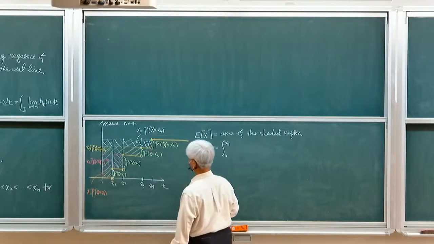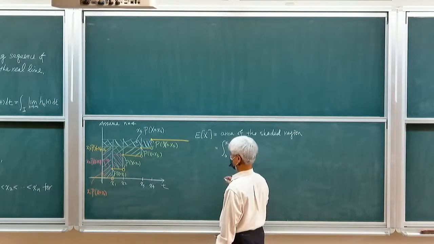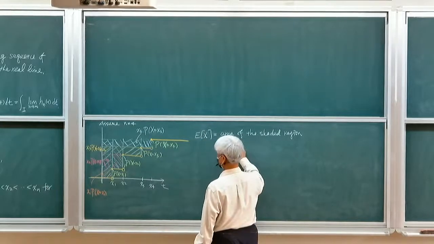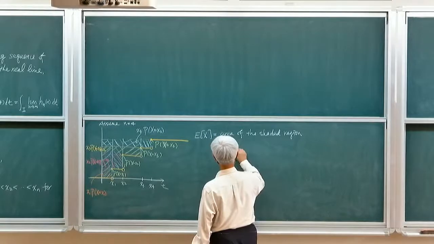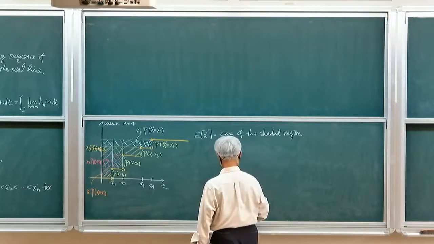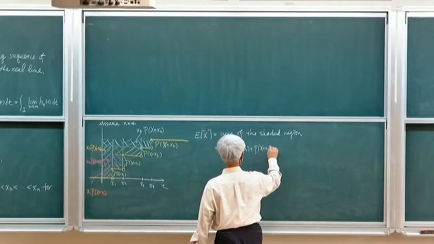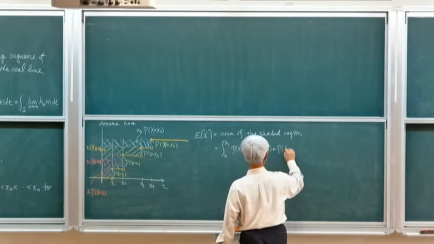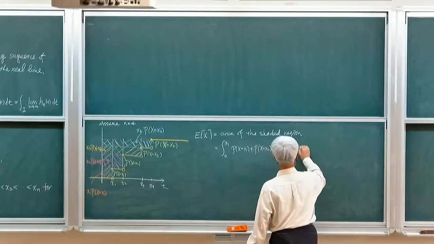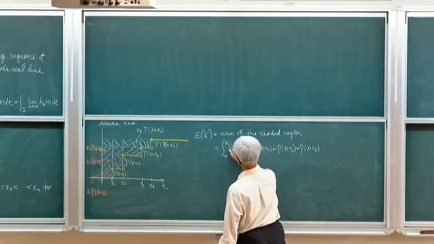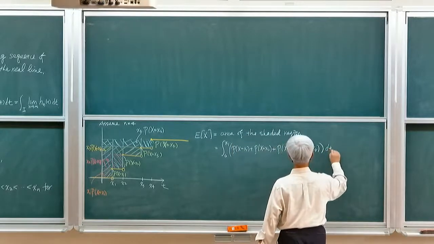Okay, we know that this would be the probability that X equals x1 plus the probability of X equal to x2 plus the probability of X equal to x3 plus the probability of X equal to x4, dt.